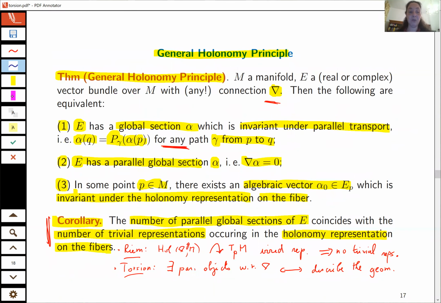Whereas here in this situation, I may already encounter parallel vector fields. Completely new situation if we compare it to the Riemannian case.